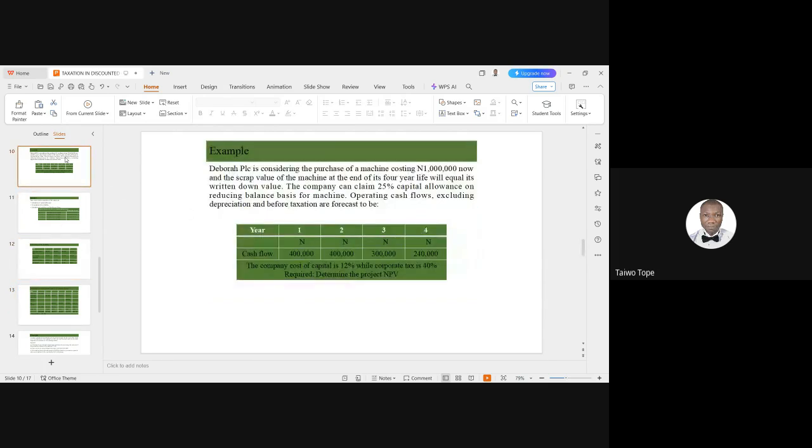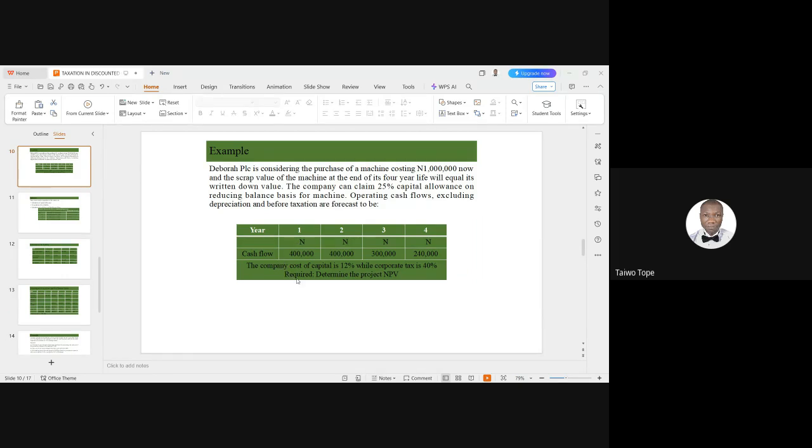And the question made it clear that the claim of capital allowance on reducing balance for the machine, and that the operating cash flows excluding depreciation and before taxation are forecasted to be as follows.